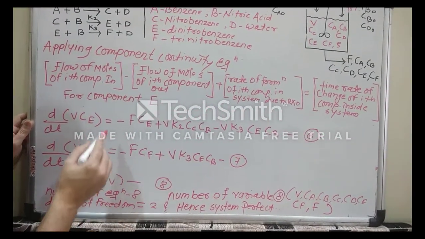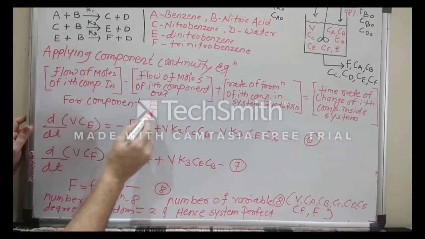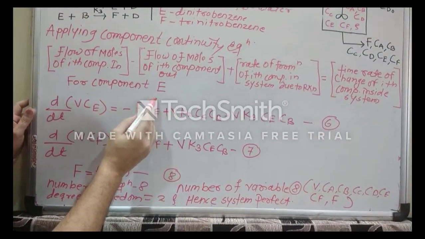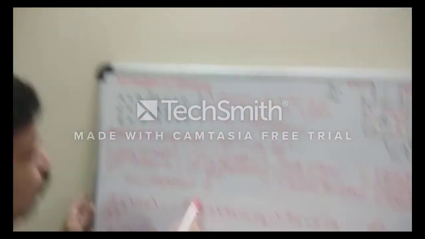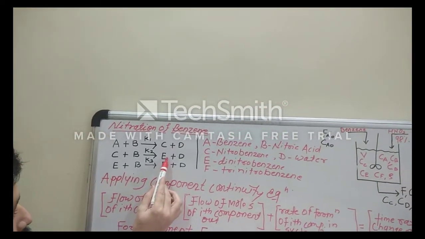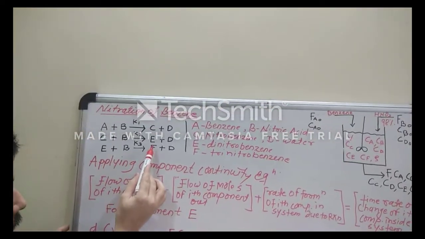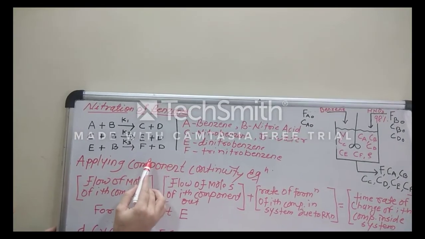Now applying the component continuity equation for component E. E is present in reaction 2 and 3, right? And E is a product, so it is not present in the inlet stream.